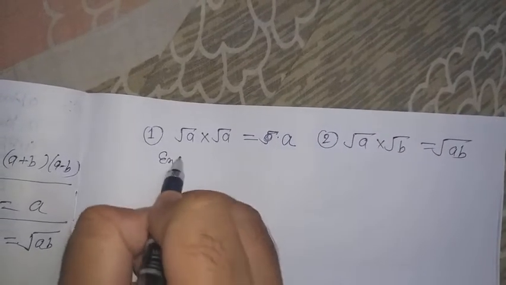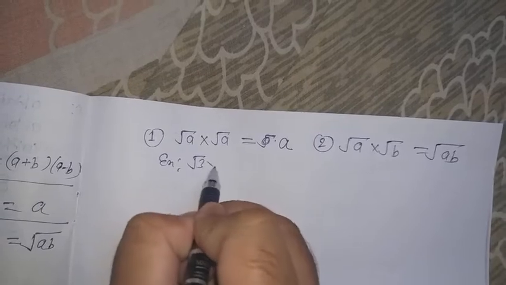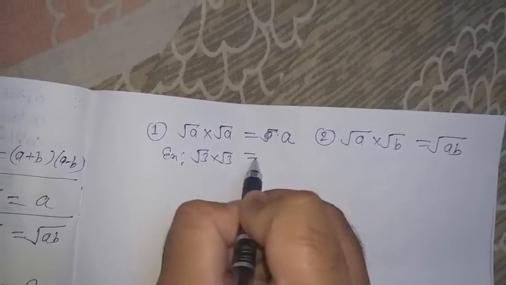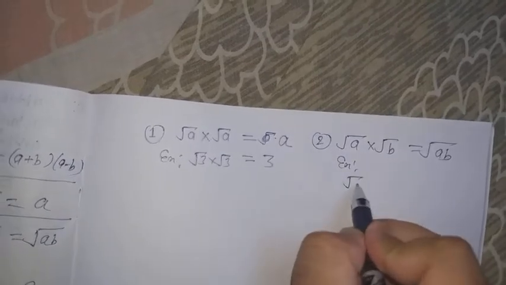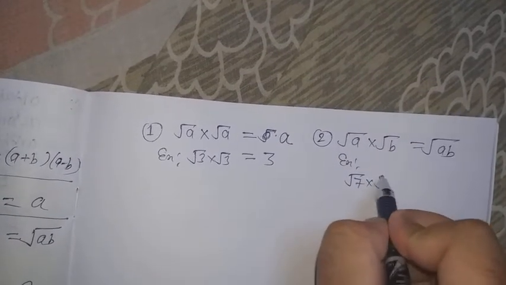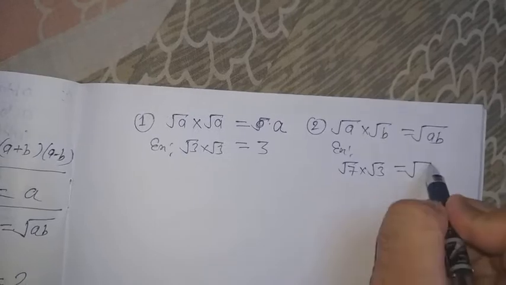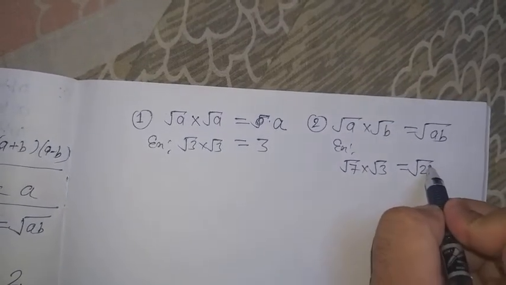As for example, root 3 into root 3 equals 3. Here, for example, root 7 into root 3 equals root 21. Okay.